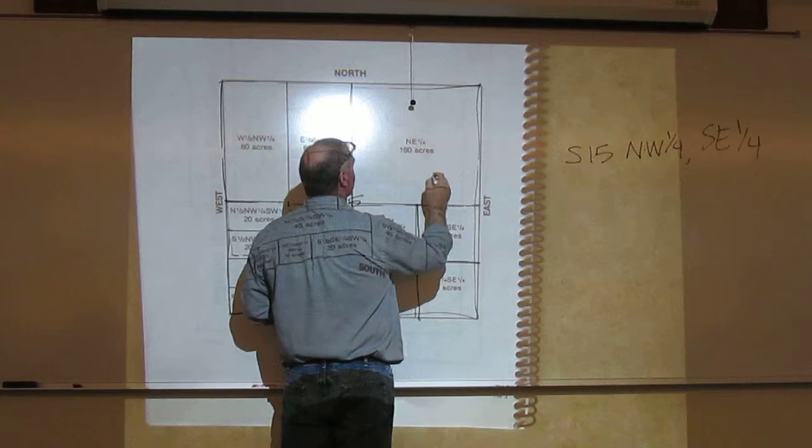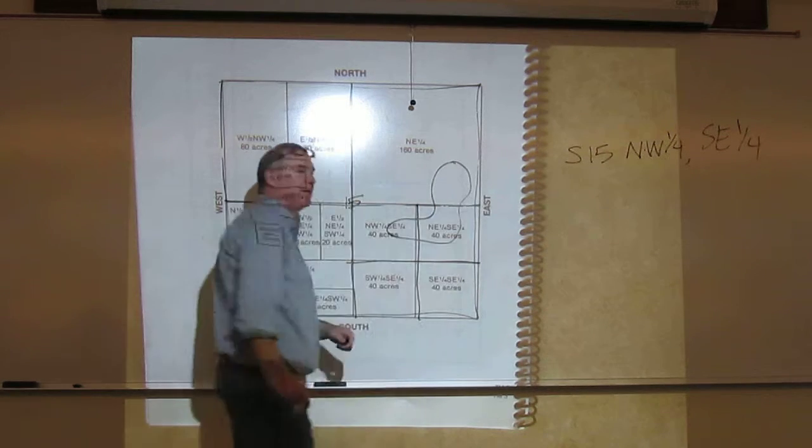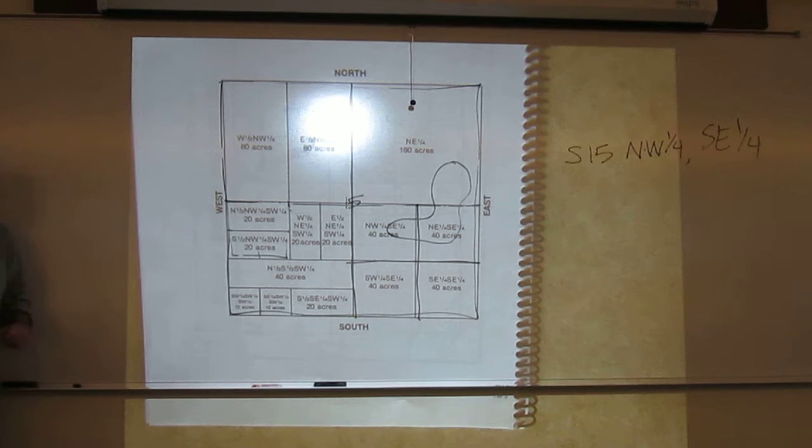Okay, so let's draw a piece of property. And let's say it goes something like this. Okay? So there's my piece of property. Okay, now, how am I going to narrow somebody down to this?